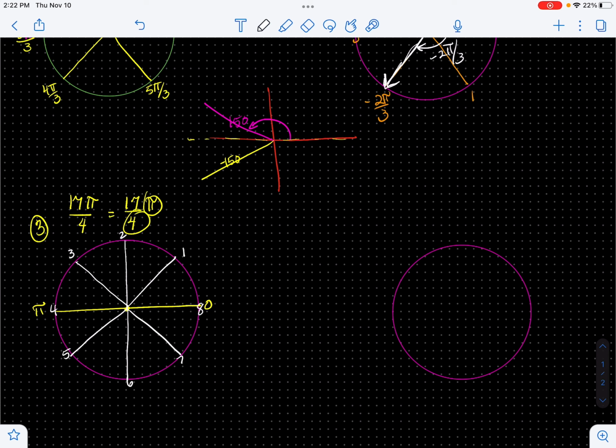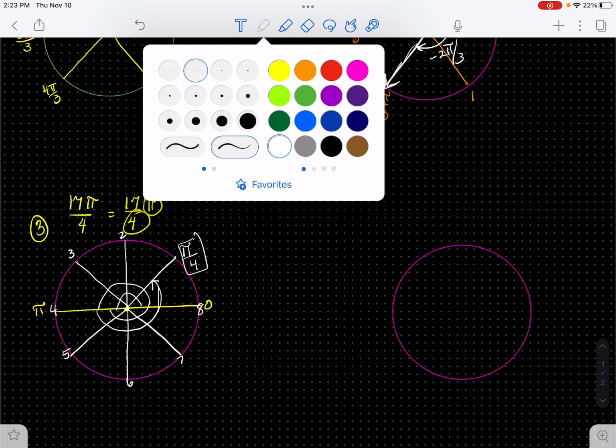And you can clearly see 17 is more than one rotation. Half rotation is 4, and then 8, plus 4, 12, plus 4, 16, and one more. There we go. This is 17 pi over 4, which basically means we're back to pi over 4.